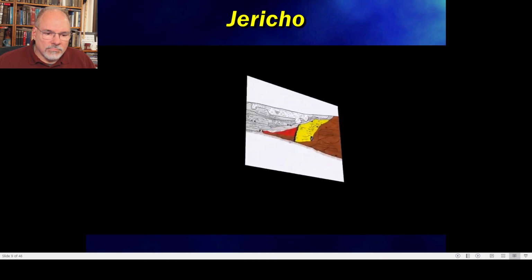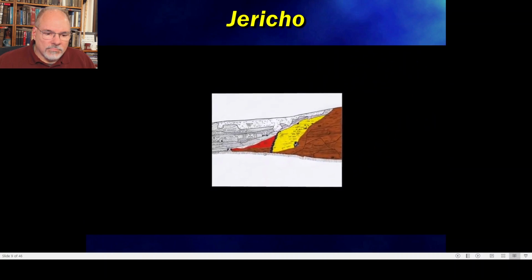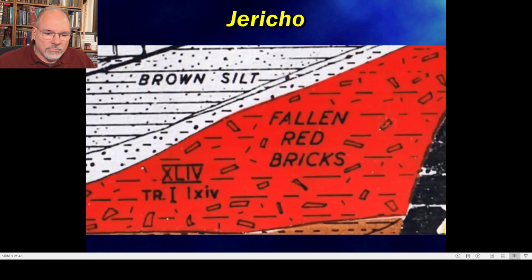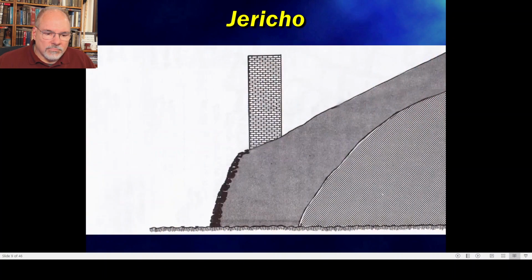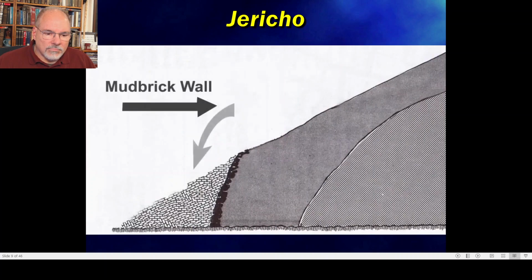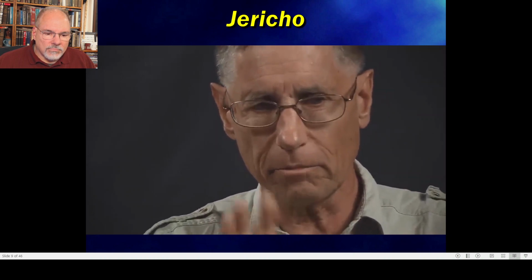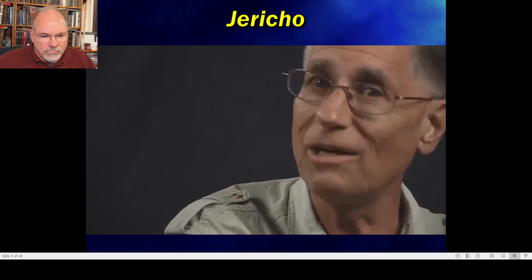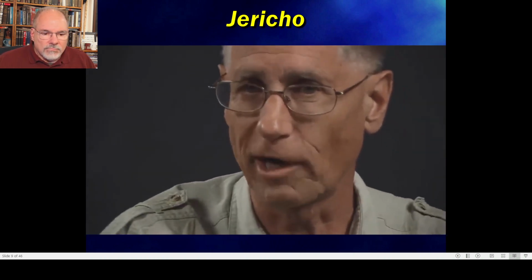These fallen bricks from the city wall can be seen in this diagram from Kenyon's excavation report. In her write-up, she makes it clear that it was not the stone retaining wall that fell, but rather the mud brick wall that once stood on top of it. And so she writes that up in her report, that here we have a collapsed city wall, and here's the evidence for it.